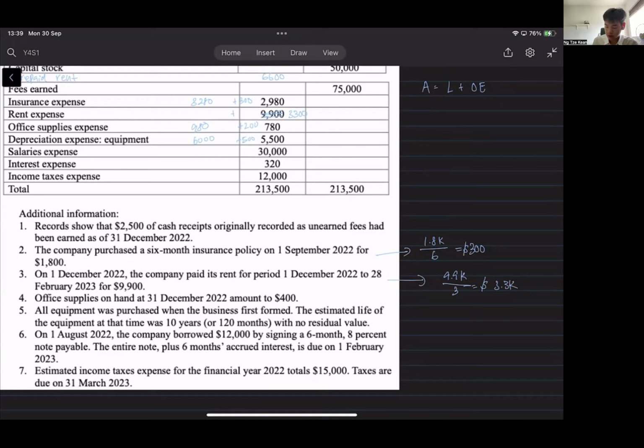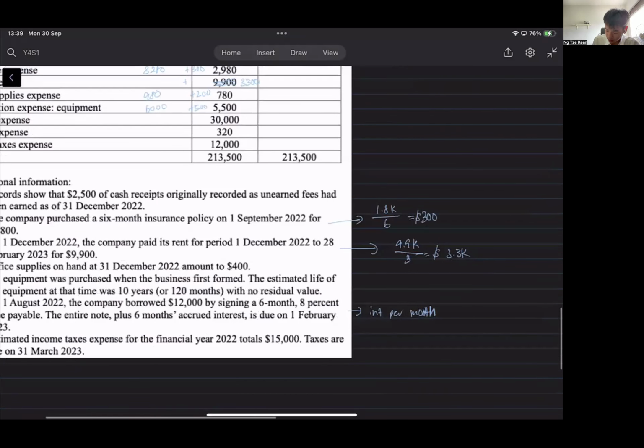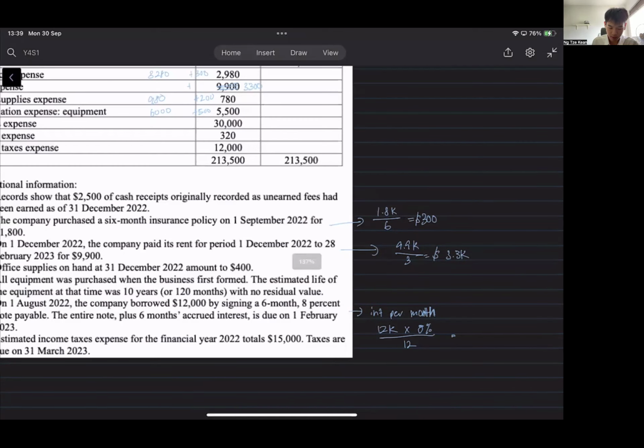So to maintain consistency, we want to find out what is the interest per month. So we have 12,000, right? And we want to find out at 8%. We want to find out for each month, 12 months, and this will be the interest expense for each month.